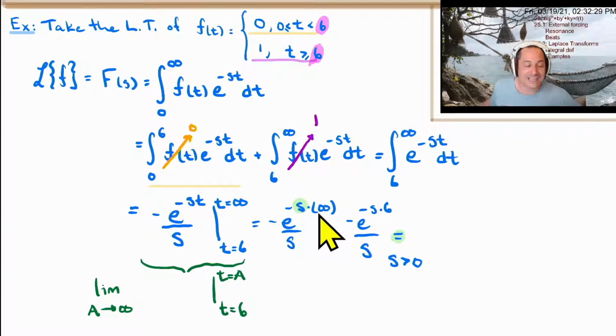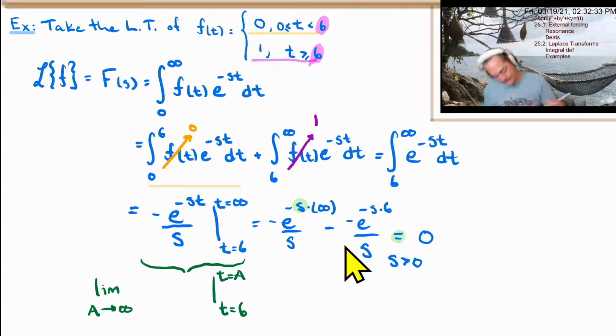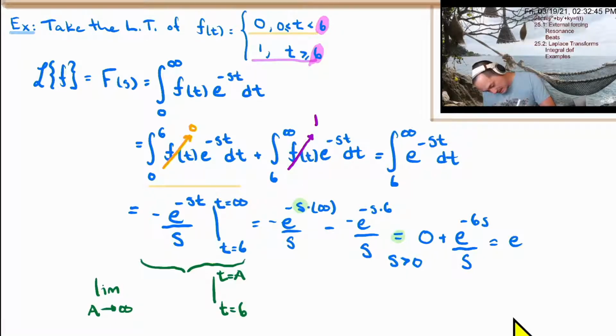And e to the negative infinity, what is that going to result in? That's going to result in a 0. And then I get a negative times a negative, which is a positive. Then I get an e to the negative 6s over s, and that's the result. E to the negative 6s over s, where s is greater than 0.